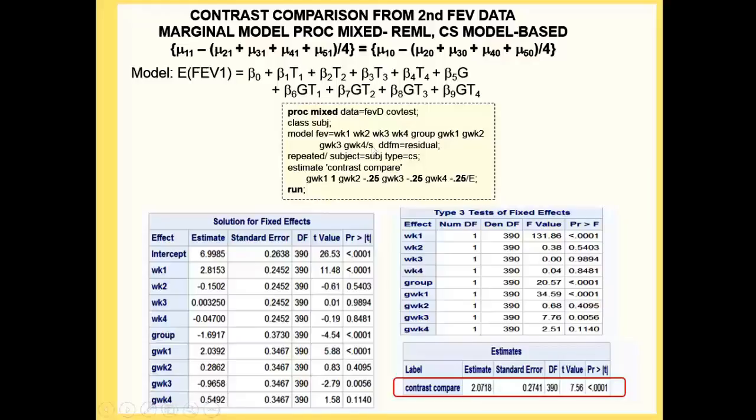But if I wanted to test for the interaction, I'd have to use a contrast. G times week 1 would be the estimate of 1 versus the other 4, so it would not be doing that chunk test.